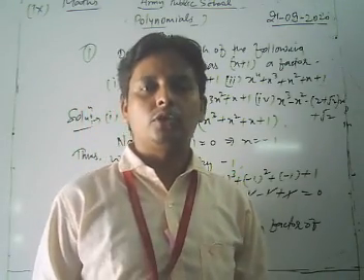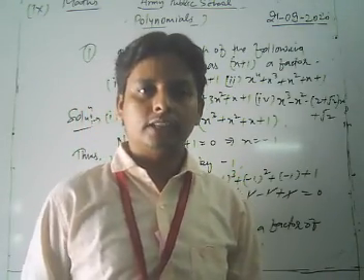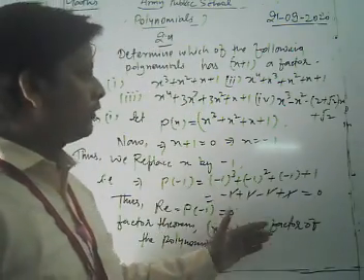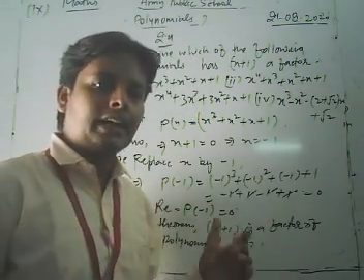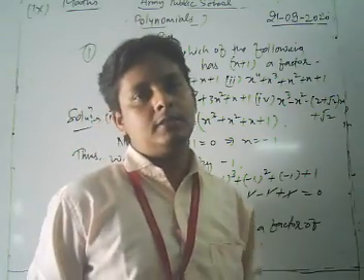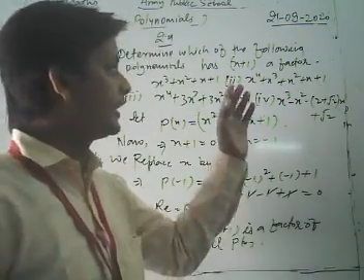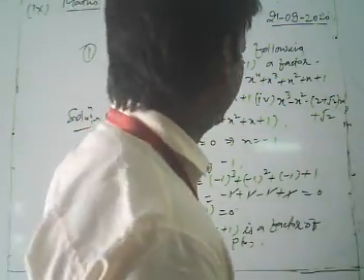This is a very important concept related to the factor theorem. By the help of this method we can solve each and every part of this question. Now similarly we take and solve the second part of this question. Let's see.